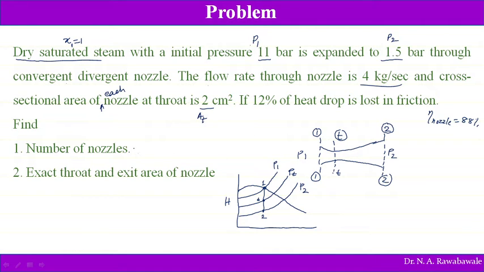Then we have to find the number of nozzles, the exact total throat area At, and the exit area of the nozzle, A2.